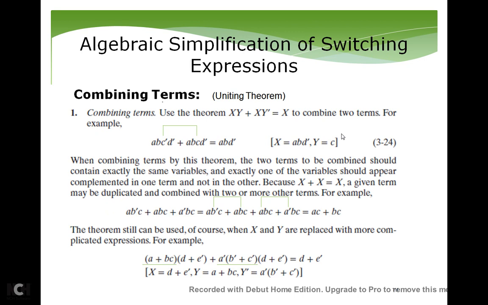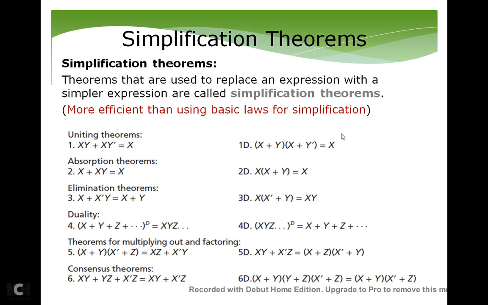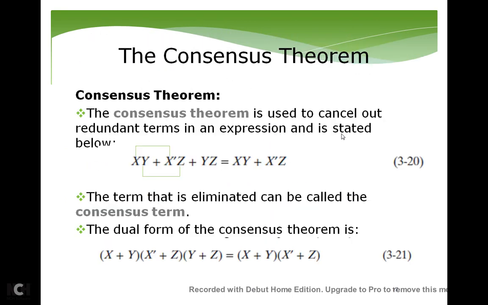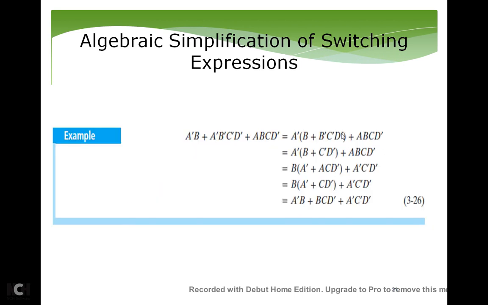The names changed from the 4th edition textbook, which we used to use. So you have the uniting theorem and absorption. Yes, it's called the elimination theorem. You do elimination with the elimination theorem. So we're going to use the elimination theorem successively to reduce this.